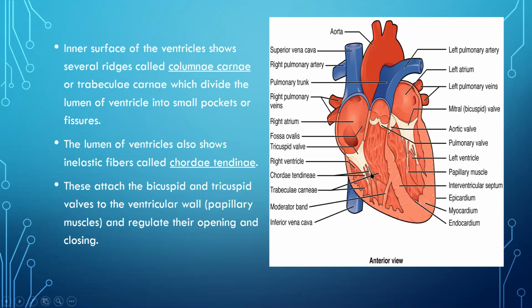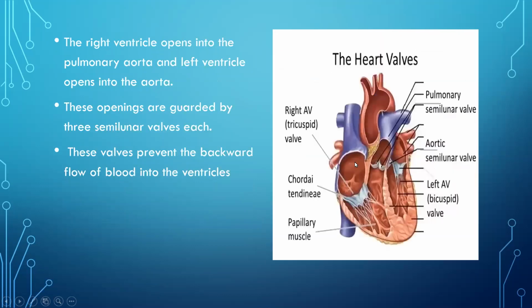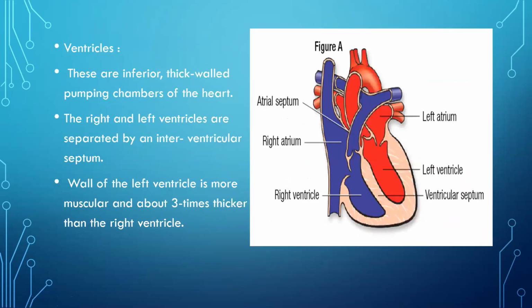The chordae tendineae attach the bicuspid and tricuspid valves to the ventricular wall. The chordae tendineae and trabeculae carneae are attached to the bicuspid valve and tricuspid valve. We had just studied this. Yes, we had seen here the right ventricle and left ventricle.